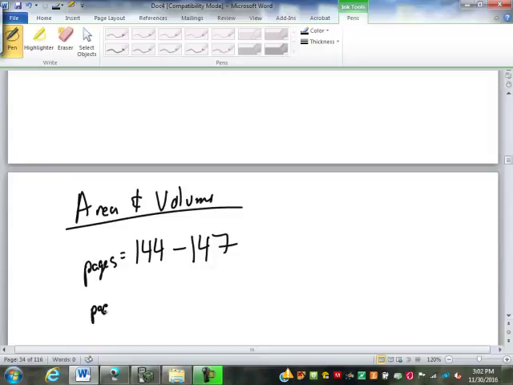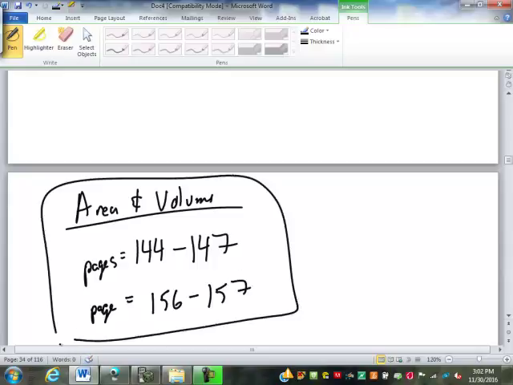Dealing a little bit more with triangles, rectangles, and parallelograms and trapezoids will be pages 156 through 157. So the problems are actually in big gray boxes in that packet. So I'll give you guys our last 25 minutes here to work on that quiz. Make sure you take your time. There's a couple of spots on it that can trip you up. And then get started on that packet.